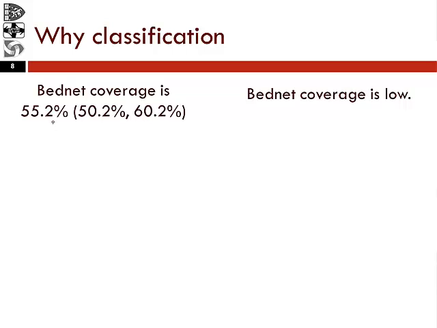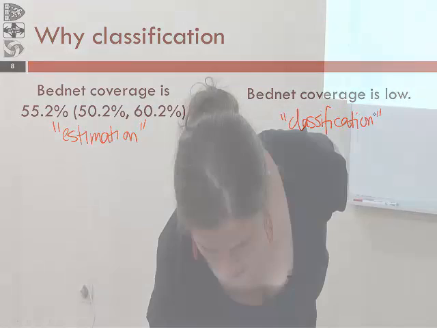This is what I would call an estimation. Alternatively, with an LQAS study, I could say bed net coverage is low. So this is a classification. This is what I would typically do with an LQAS study.